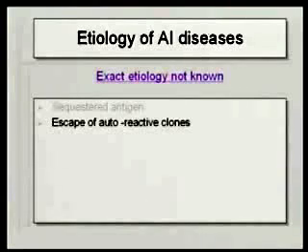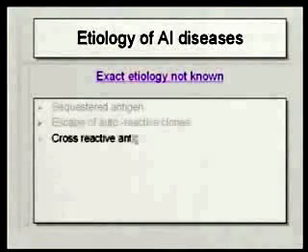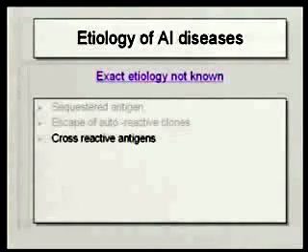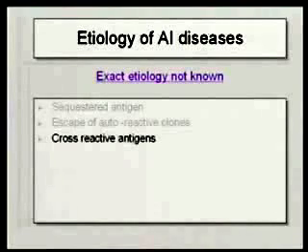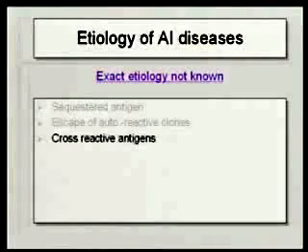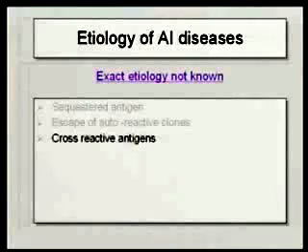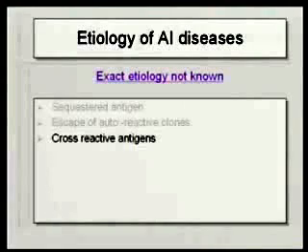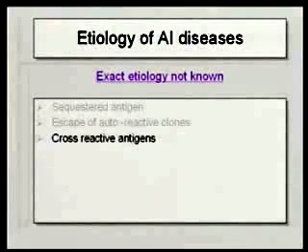No, it's all still in experimentation. Cross-reactive antigens, I told you about, that after certain infections, antibodies are produced that cross-react with self. Streptococcal myocarditis: anti-heart valve antibodies are produced after streptococcal infections.